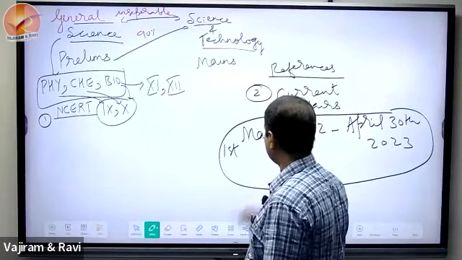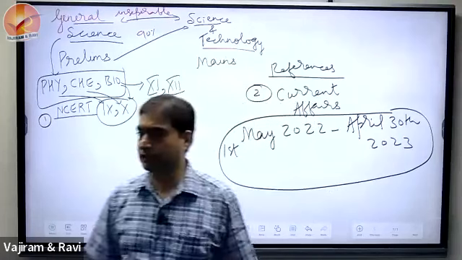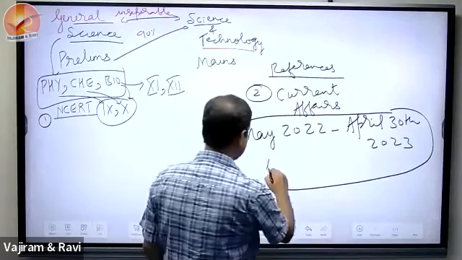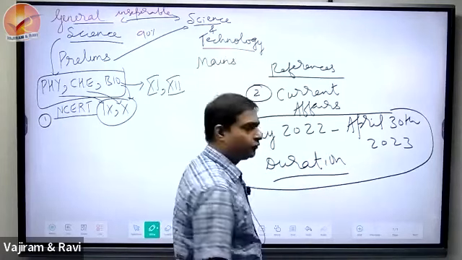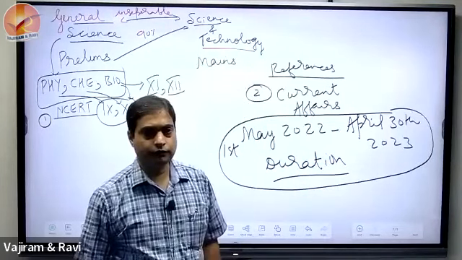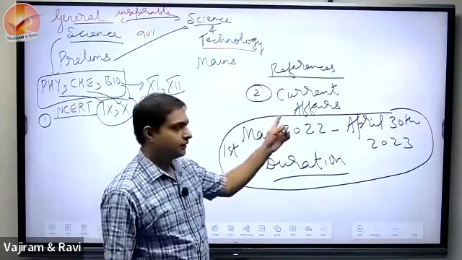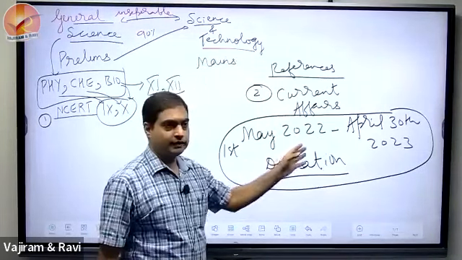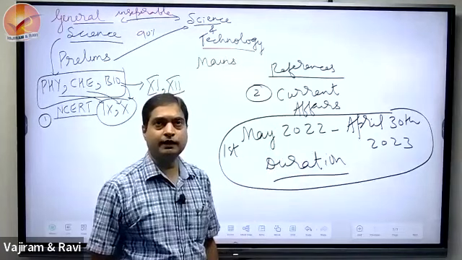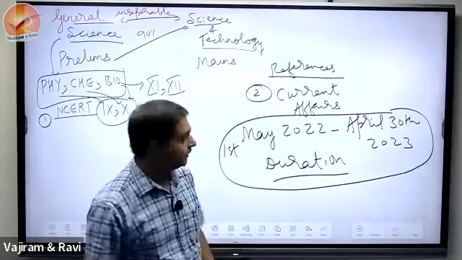So 1st May 2022 onwards, this will be the duration which will be looked into by the examiner to frame questions related to current affairs. For this duration, the aspirants appearing for this exam will be accountable to answer any question related to it.